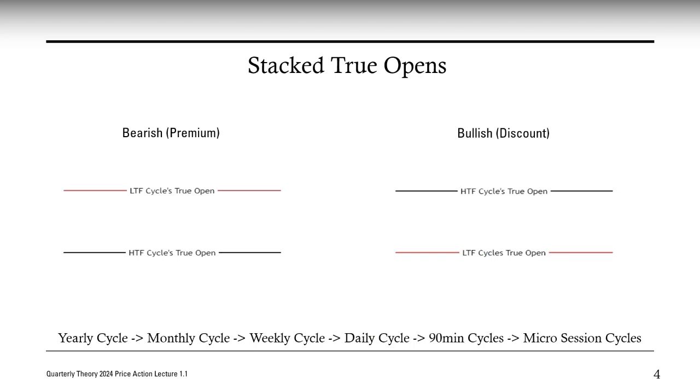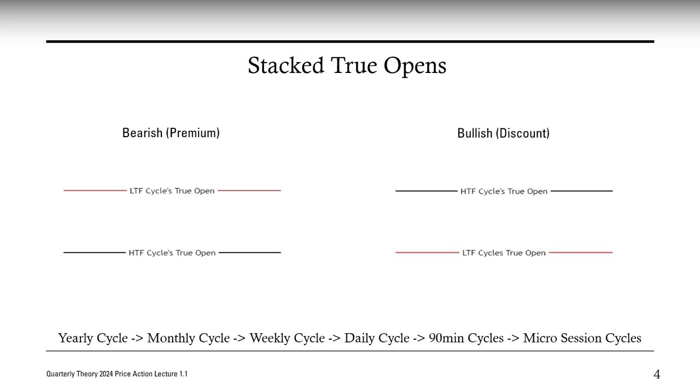And at the bottom of this slide, I've put the hierarchy of cycles for you guys from the larger down to the smaller cycles, right? So for example, if you're looking at a daily cycle, you want to trade the daily cycle, right?